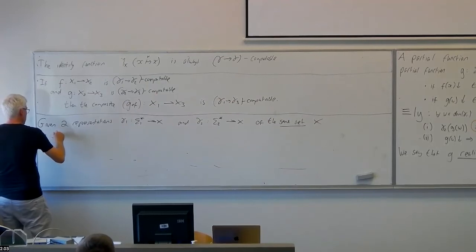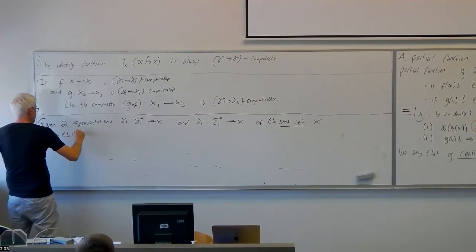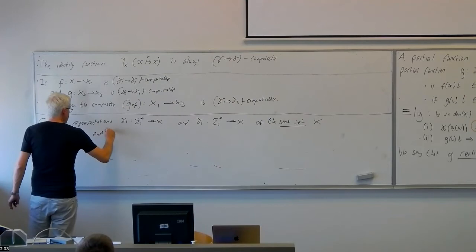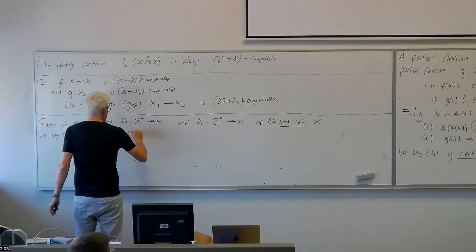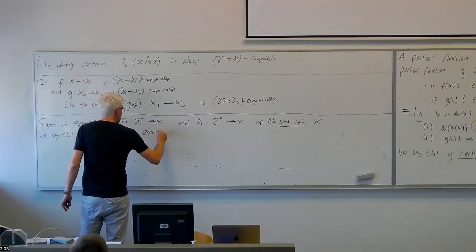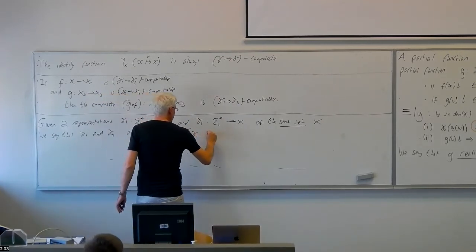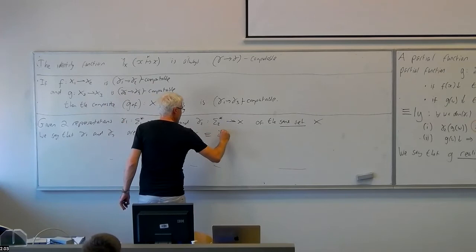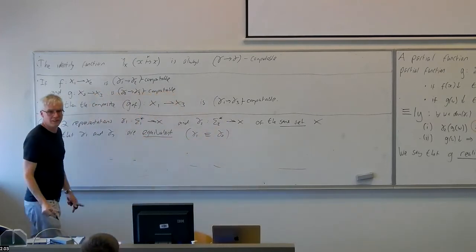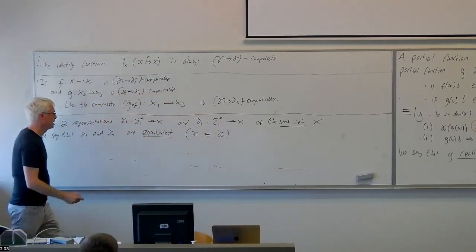We say that gamma 1 and gamma 2 are equivalent. If we want to write that in symbols, we could use our equivalent symbol that we already used in a different way earlier.